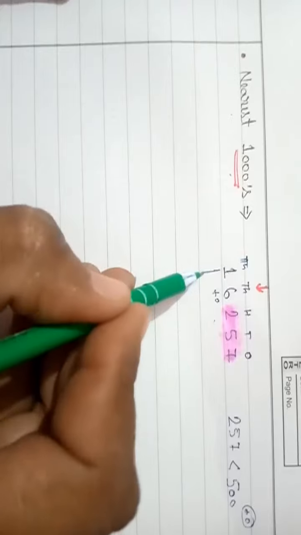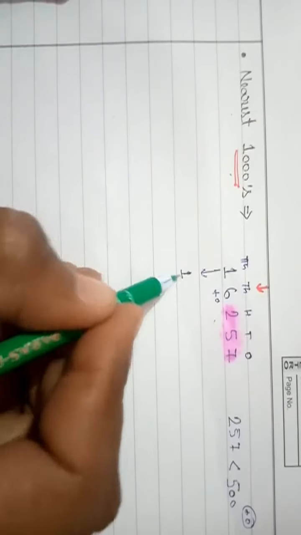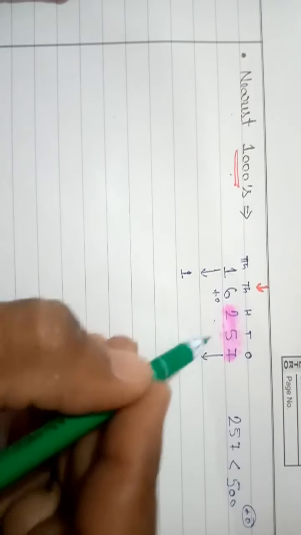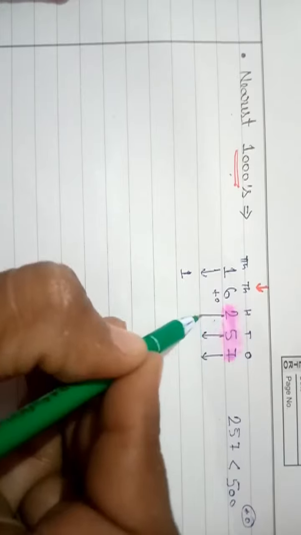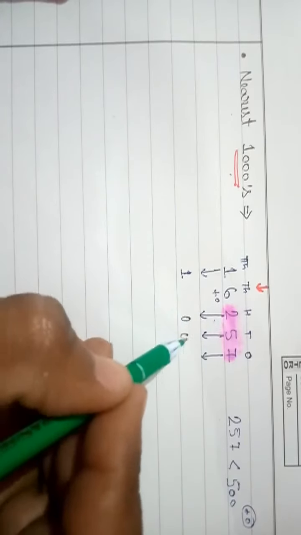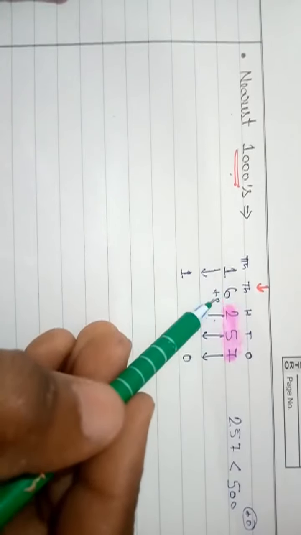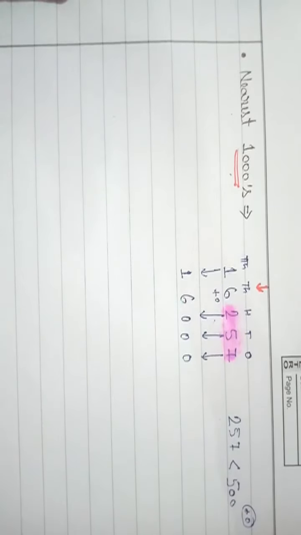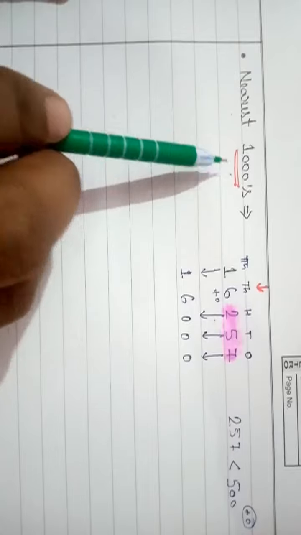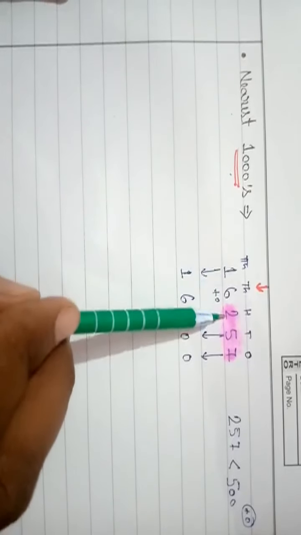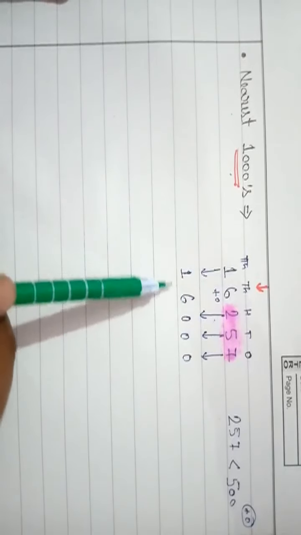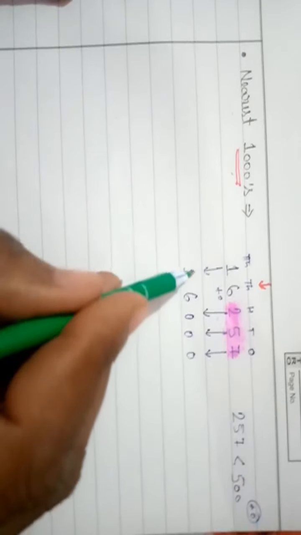Okay, and left hand side places will be same, and the highlighted places converted to 0. Okay, now target place is 6, 6 and 0. So nearest 1000 of 16,257 will be 16,000.